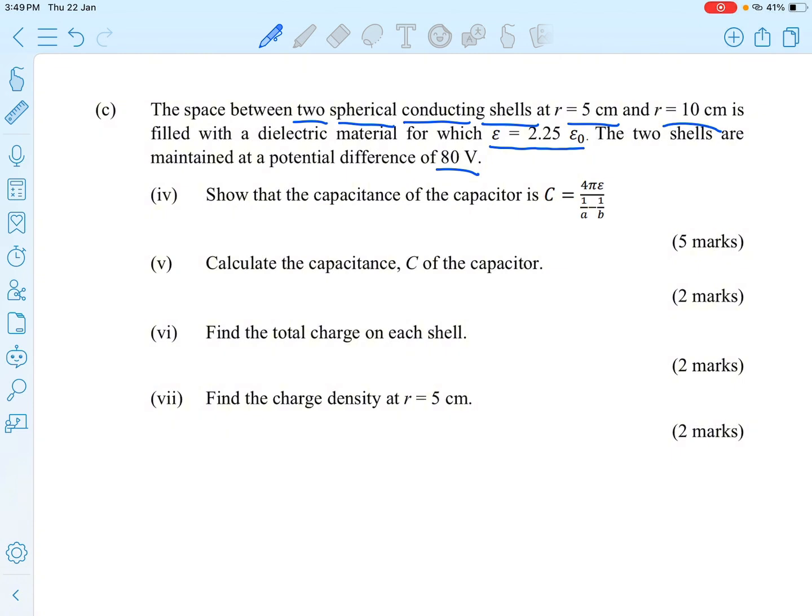The first question is we must show that the capacitance of the capacitor is this one. This is about derivations. You have to derive the equation for the capacitance of spherical capacitors.